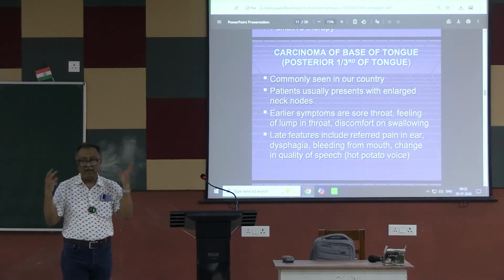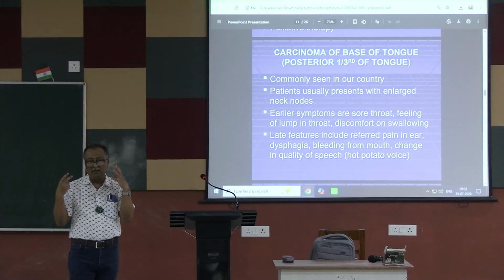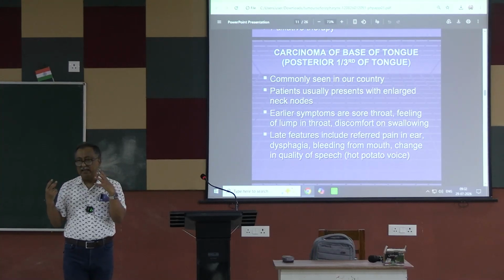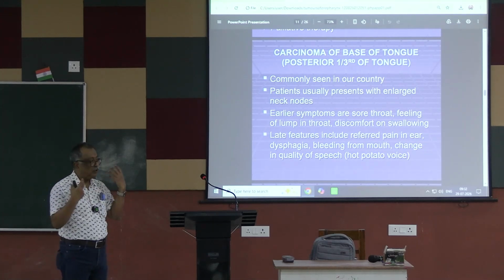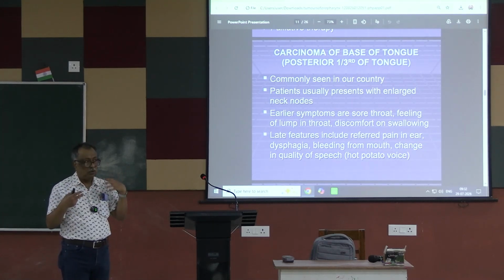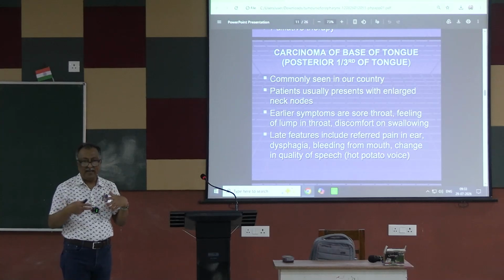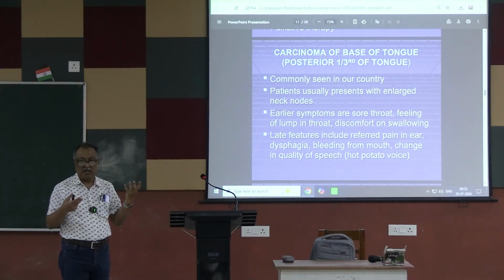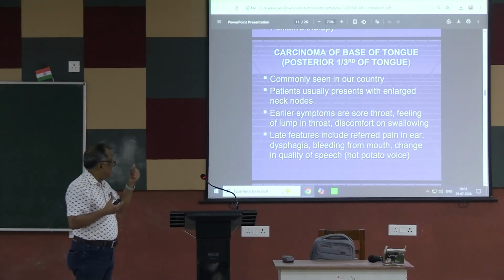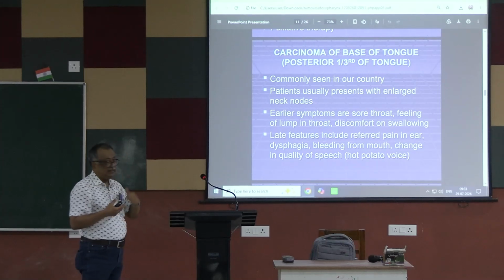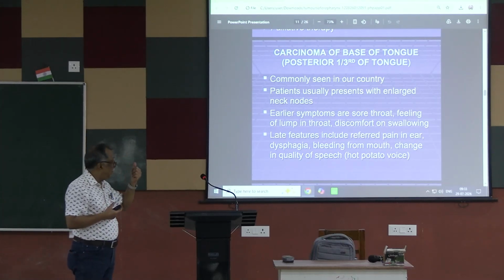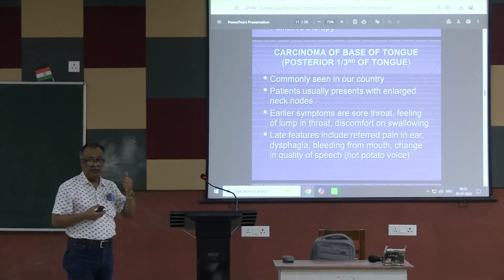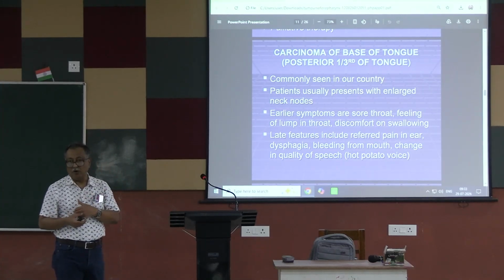That means there is a metastatic lymph gland, but we cannot find the primary. We search the nose, the nasopharynx, the oropharynx, and the base of the tongue. Tongue-base malignancy is the primary focus in 50% of cases of primary occult.